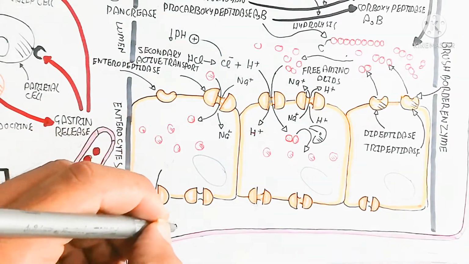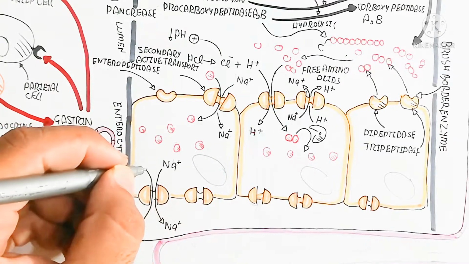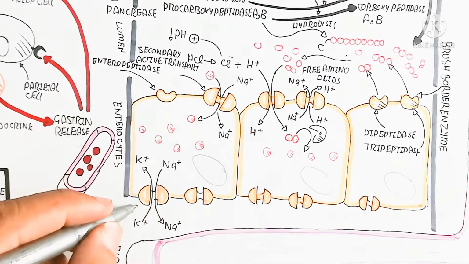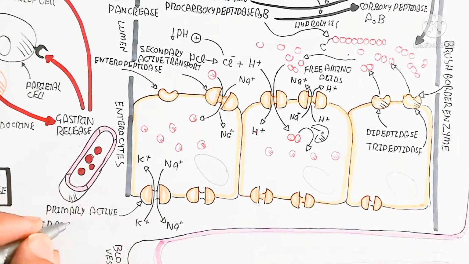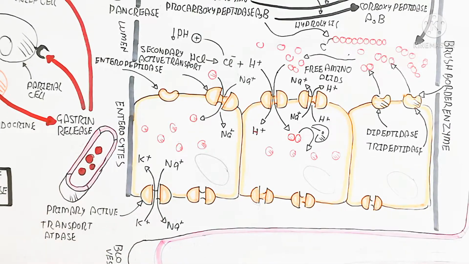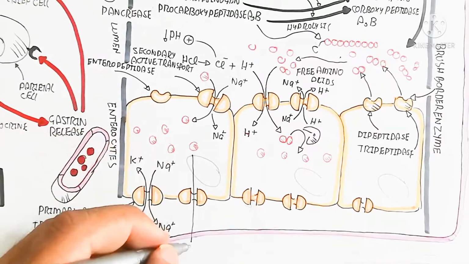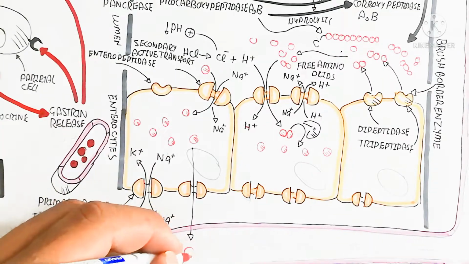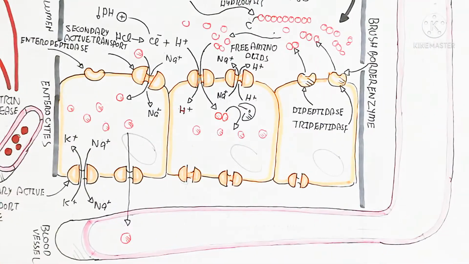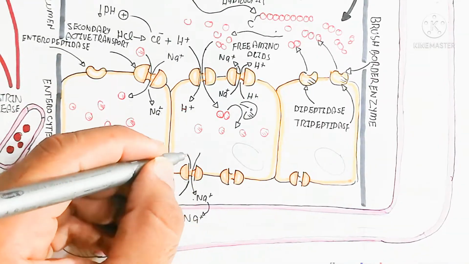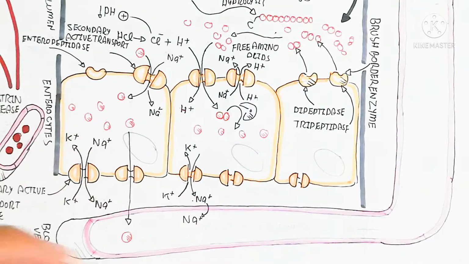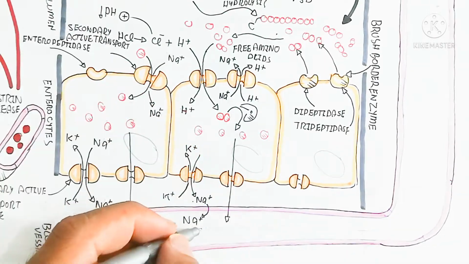The enteropeptidase is here, and as you can see the dipeptidase enzyme inside the enterocyte can digest further. Here the primary active transport requires ATP. In this way the sodium potassium exchange will lead to the amino acid moving into the blood circulatory system.